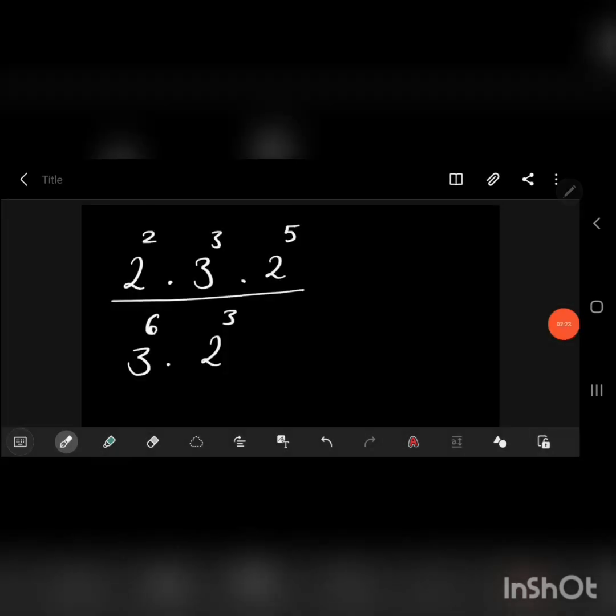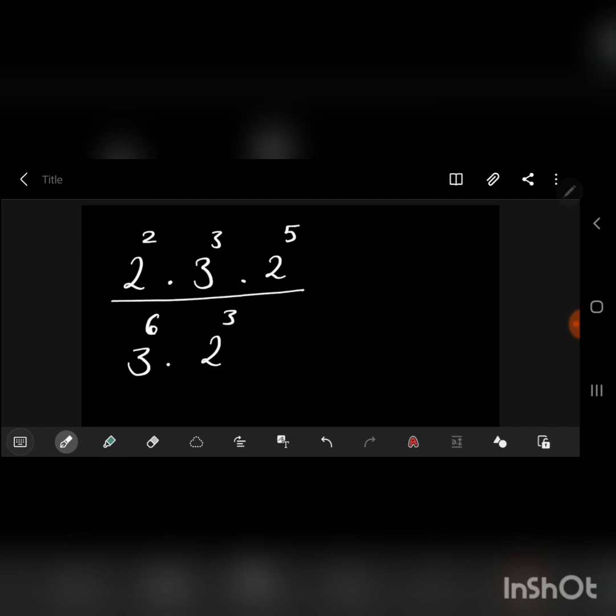I will give you homework to practice solving problems using these rules. Try to solve it at home. Try to think about it. It's very easy.